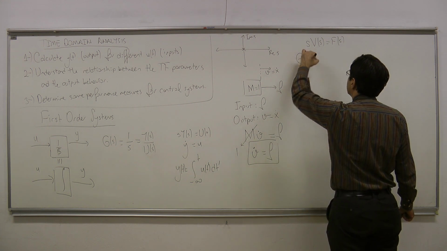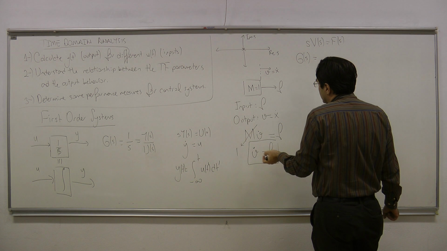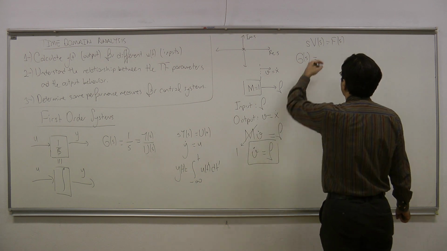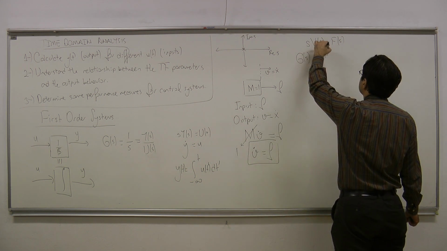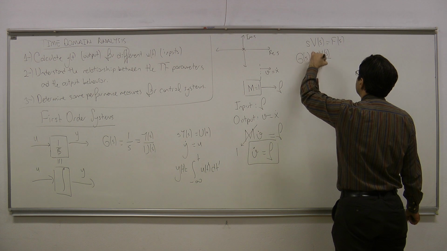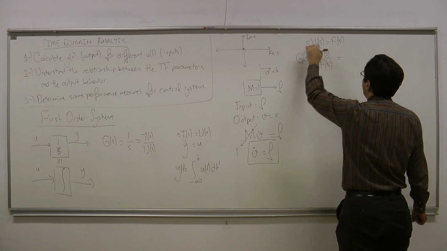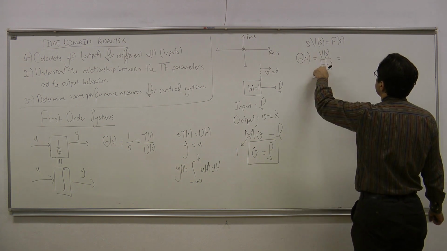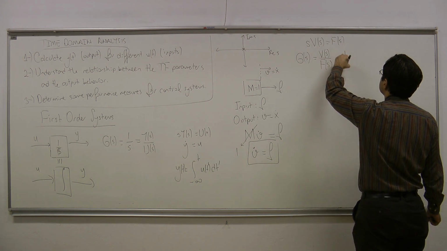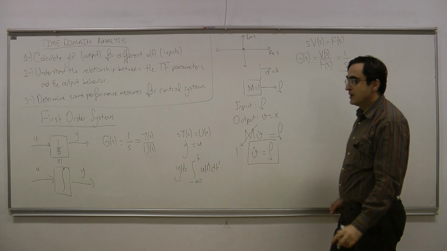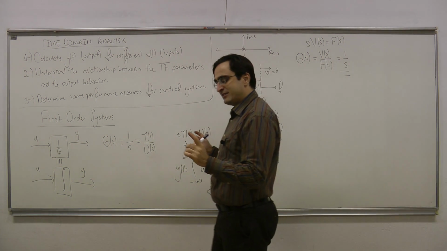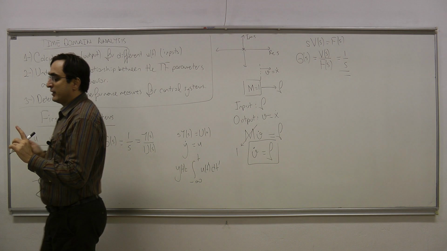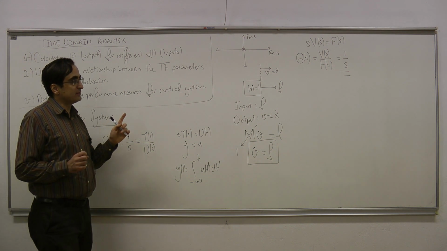G of S is just the ratio of the Laplace transform of the output to the input. Output here is V, and the input is F of S. And from this equation, you would see that it is 1 over S.